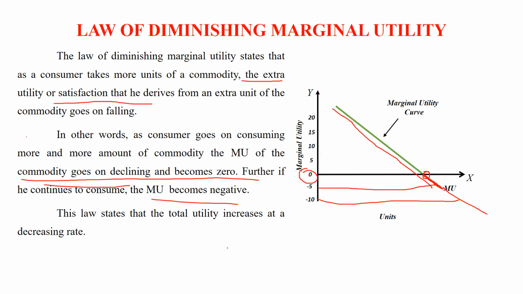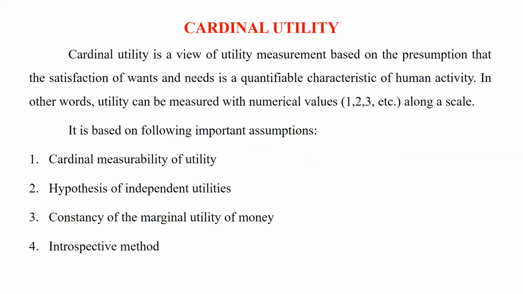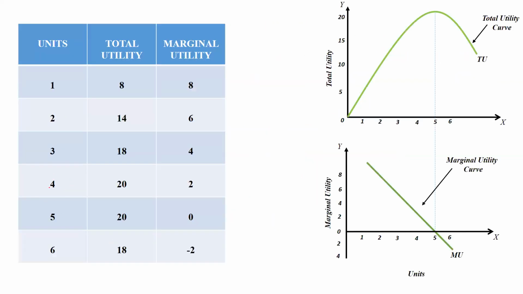So this law states that total utility increases at a decreasing rate. Let me give you more clarity on this last statement. I'm going back to this table. You can see this is total utility, and that is increasing: 8, 14, then 18, then 20, then 20.